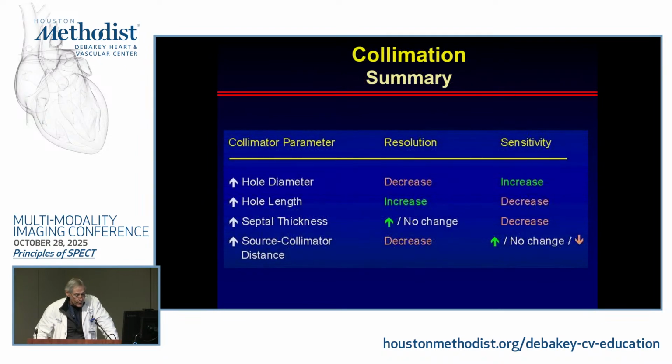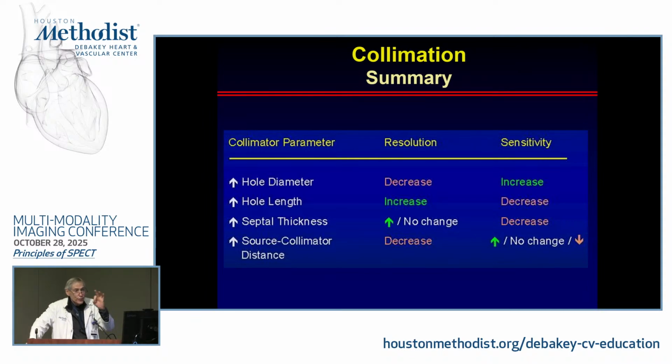And so, as you might suspect, based on what I've already told you, if you increase the diameter of the hole between the septi, more photons are going to get through, okay? And so the sensitivity is going to increase, sensitivity being the number of counts that actually hit the crystal, right?